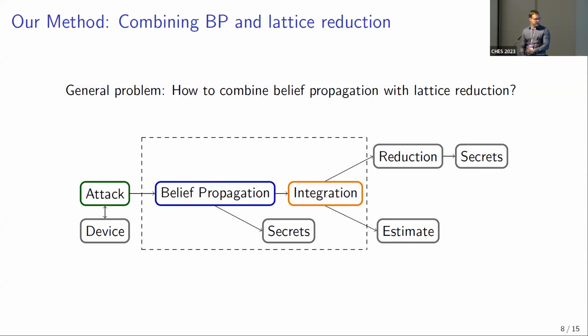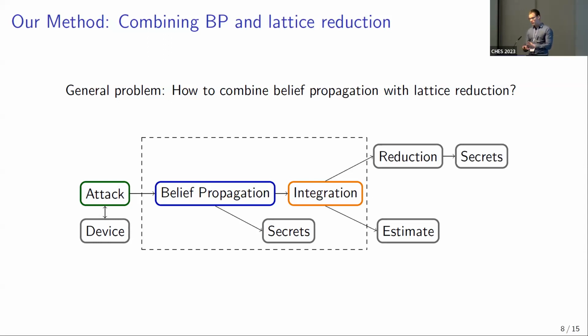We modify the belief propagation from previous works to be error tolerant. And of course, if the belief propagation directly gives us the secrets, then we are already done and nothing is left for us to do.